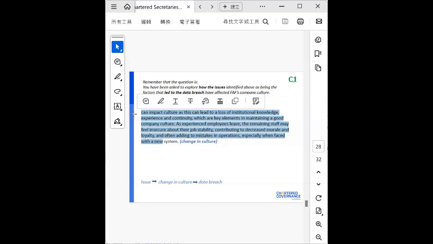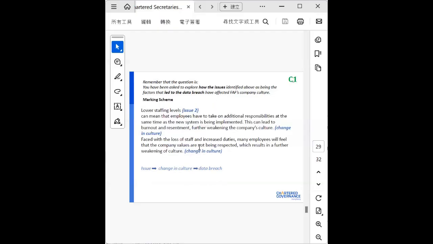So you have to discuss the effect of cost cutting on the culture of a company. Then you have to be more, I mean, I don't want to say innovative, but more adaptable, to meet the requirement of the questions.